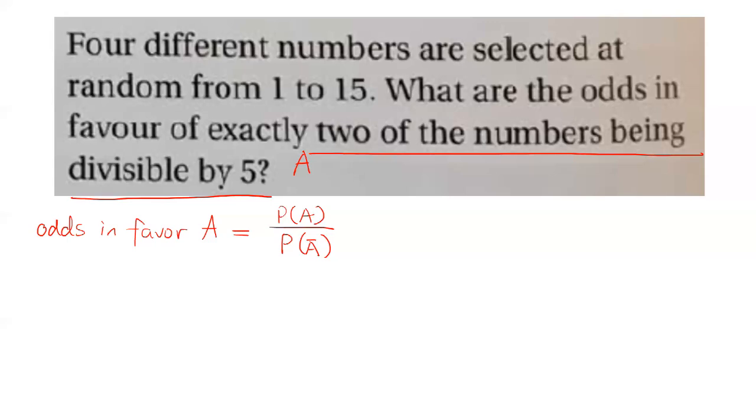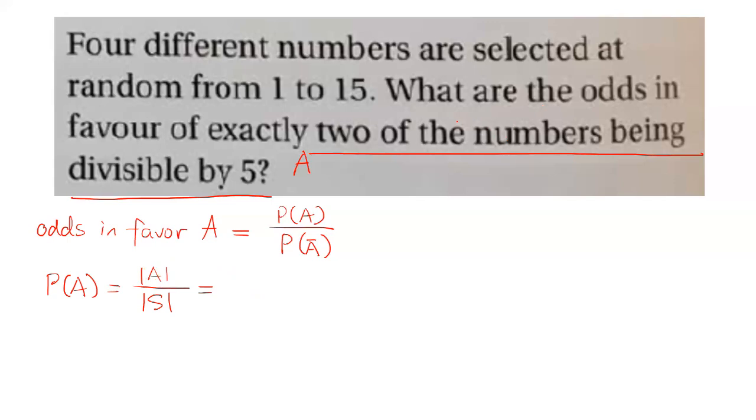Okay, have you finished? So we need to calculate the probability of this event A, right? This equals the total number of ways in event A divided by the total number of sample points in the sample space. Okay, so how many ways can we finish event A? There are two steps, right?